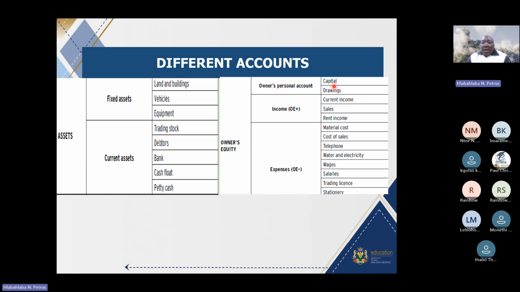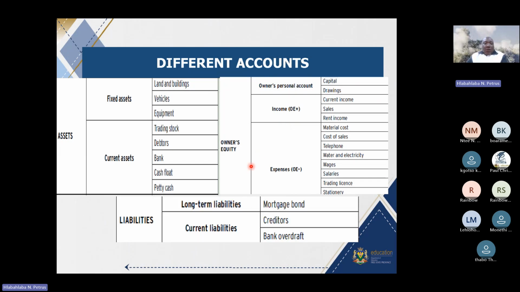Under the expenses, we will have, for example, material cost, cost of sales, telephone, water, electricity, wages, salaries, trading license, stationery. These are examples of the accounts the business is paying. Whenever the business pays these, it will fall under the expenses.